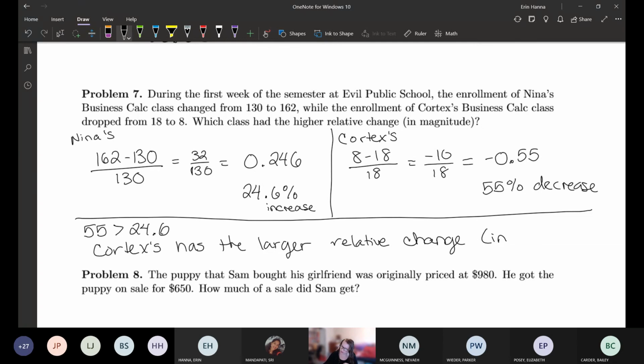And I'll clarify in parentheses in magnitude. Questions, concerns on that?